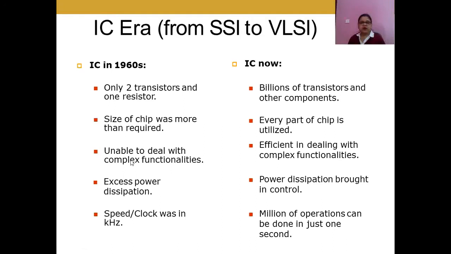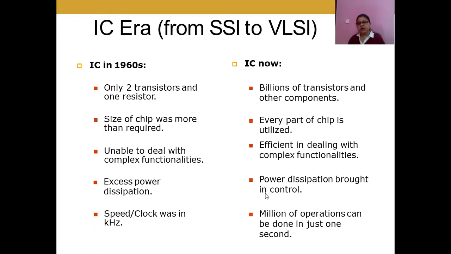Earlier ICs were not able to deal with complex functionality. They were hardly able to do one or two functions, but now they are efficient in dealing with complex functionality, meaning a list of features or functions can be taken care of by a single IC. Earlier, the ICs made in the early 60s, when the era of the IC began, had excess power dissipation.